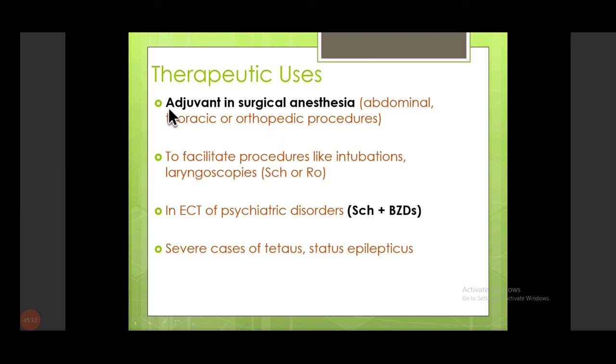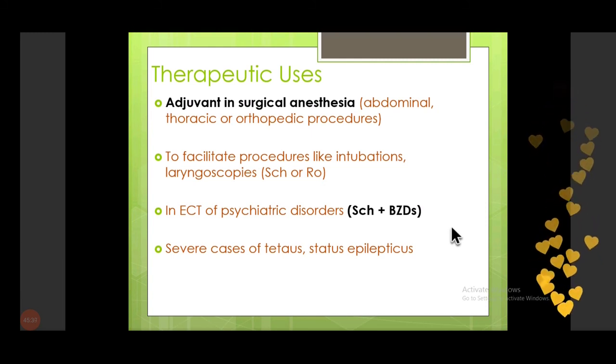Uses, as we have already discussed: it is used in surgical anesthesia to facilitate procedures like laryngoscopy, intubation, and in ECT of psychiatric disorders. ECT is electroconvulsive therapy. In patients having acute disturbances, ECT is the modality of choice.